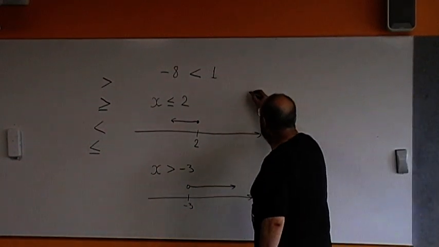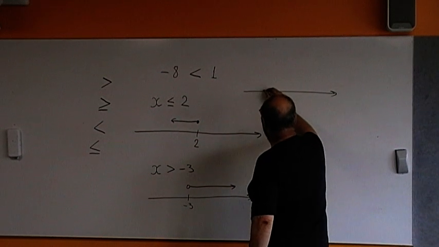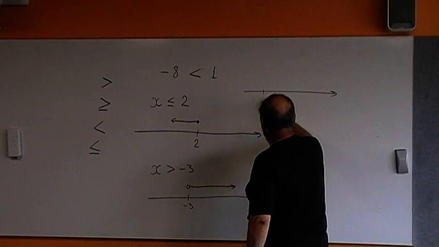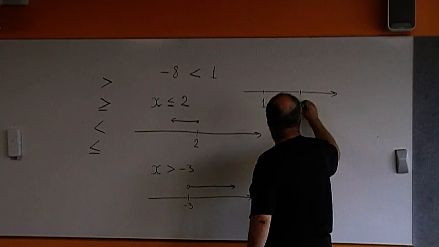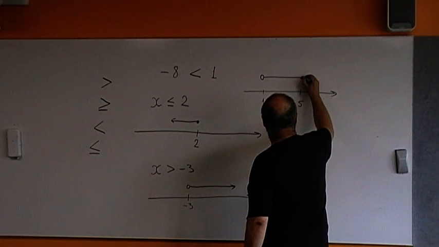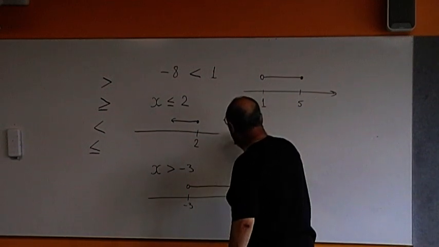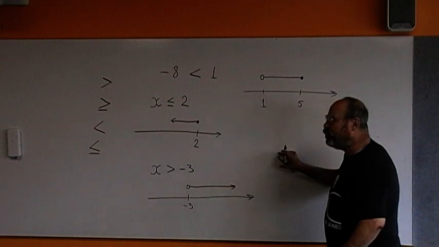Yes. Now, can you translate? If I draw the number line, and we have 1 and 5, and I draw like this, can you guess how we can describe these intervals with a formula?